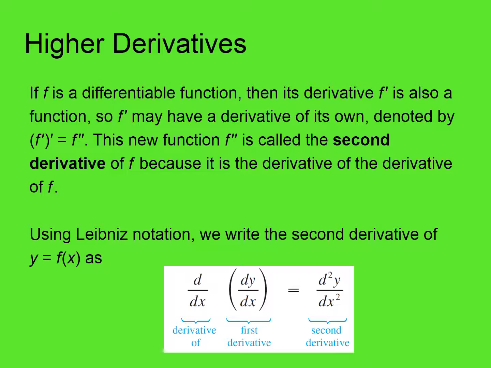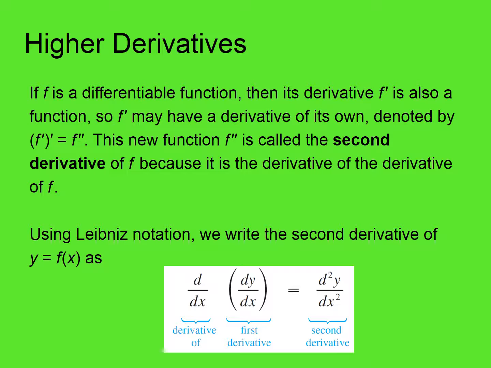So it's the function that gives the slope of the tangent for f at any point x, at any x coordinate. So f prime may have a derivative of its own denoted by f prime prime, f double prime. This new function, f double prime, is called the second derivative of f because it is the derivative of the derivative of f.